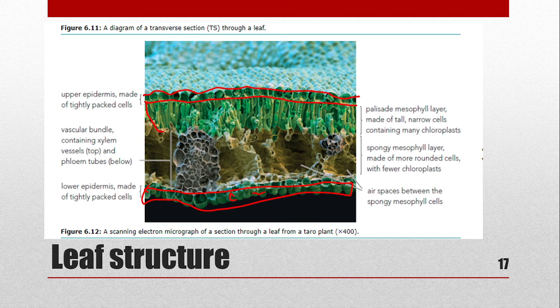Then this is our palisade mesophyll cell, which is responsible for photosynthesis. These big structures 1 and 2 are the vascular bundle, which consists of xylem and phloem. Remember that. And the rest is our spongy mesophyll, and we know that palisade mesophyll and spongy mesophyll form the mesophyll layer.